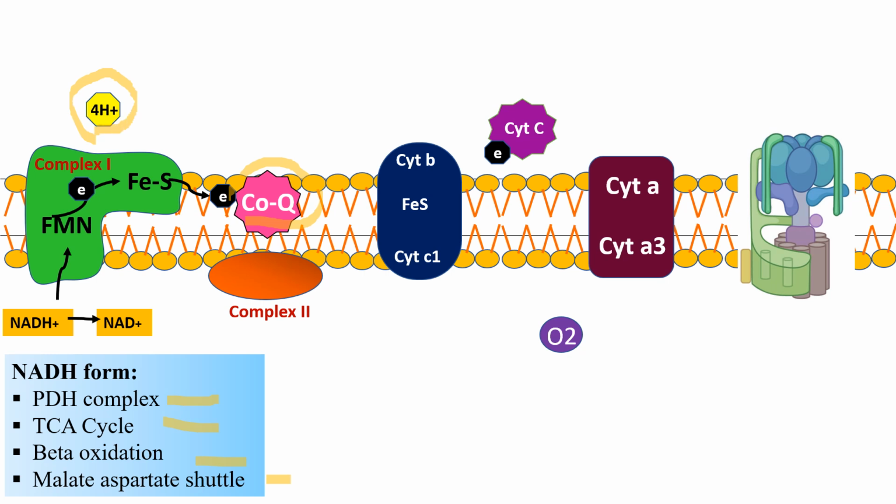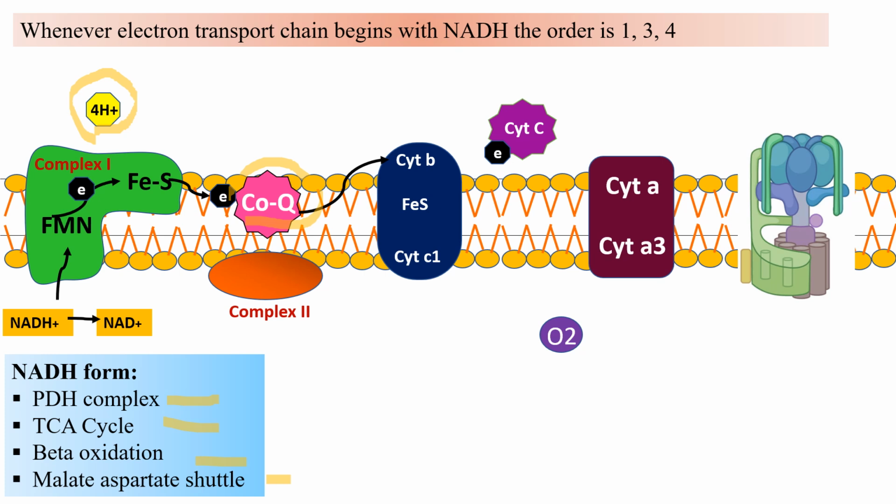Next, coenzyme Q transfers the electrons to complex 3, the cytochrome B C1 complex, where cytochrome B accepts the electrons from coenzyme Q. Whenever the electron transport chain begins with NADH, the order of the complexes is complex 1, complex 3 and complex 4, because complex 2 is related to FADH.